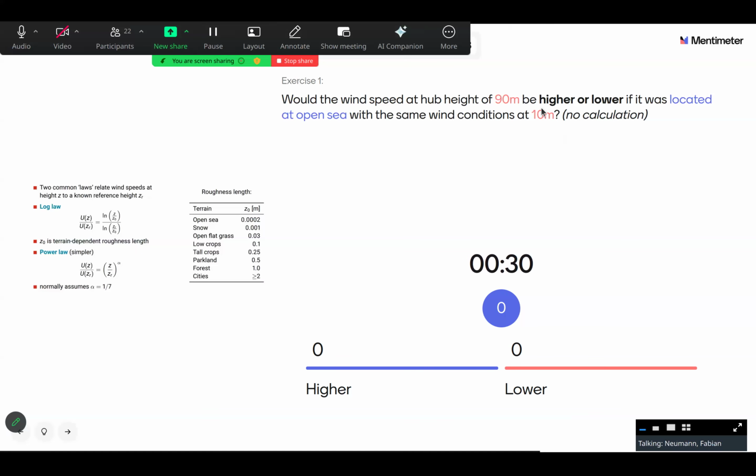Before, we calculated from 10 meters to 90 meters for low cropland, and we got 5.9 meters per second as the solution. If we now calculated it with open sea, would it be higher or lower?